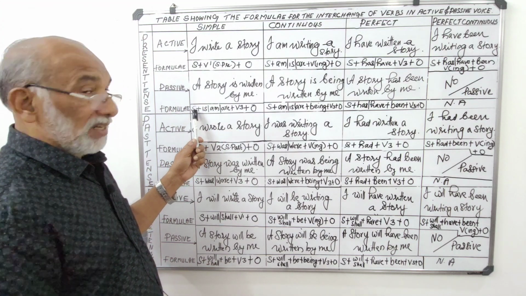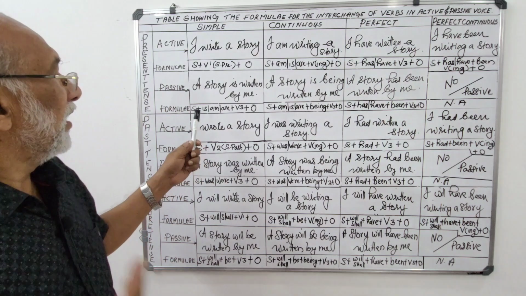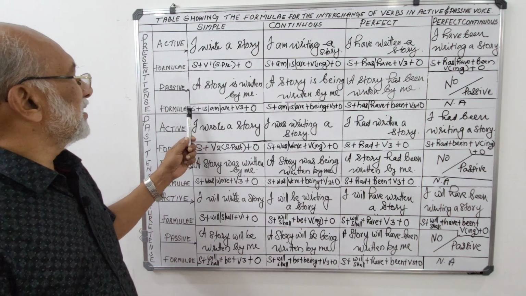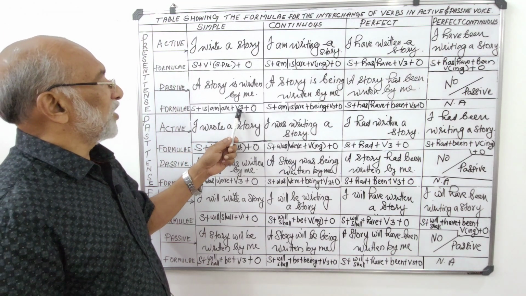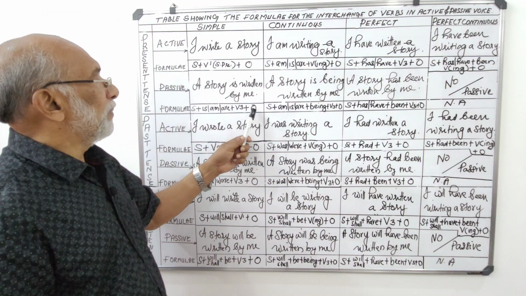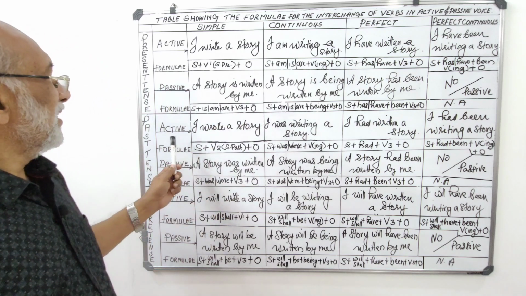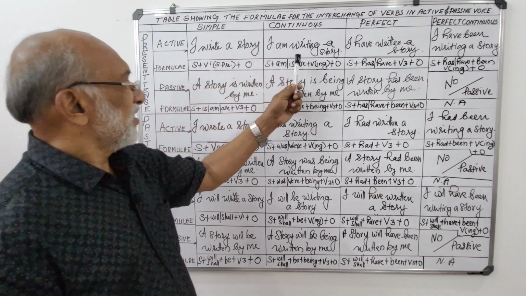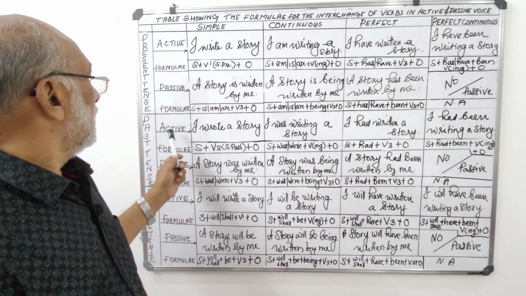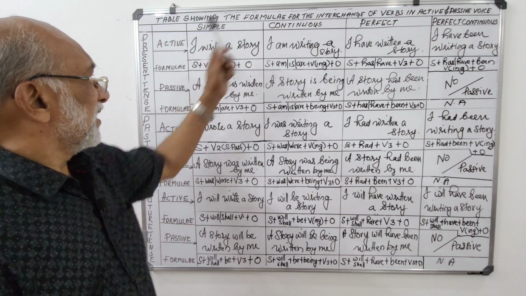According to the subject, whether it is singular or plural, you have to use one of these: subject plus is, are, plus V3, that is past participle of the verb, plus object.